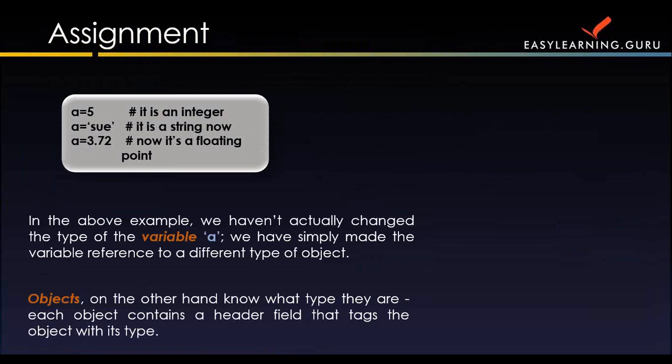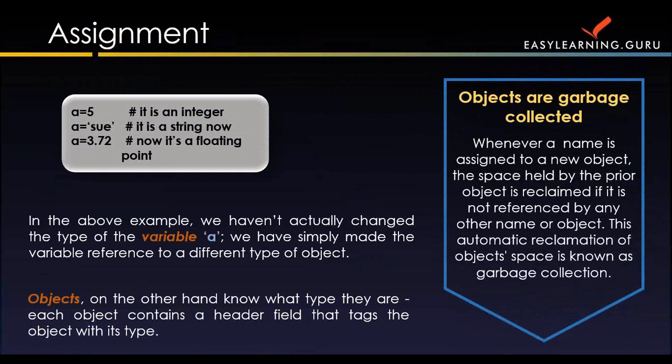To understand this, let's first see what garbage collection is. Objects are garbage collected, that is, whenever a name is assigned to a new object, the space held by the prior object is reclaimed if it is not referenced by any other name or object. This automatic reclamation of object space is known as garbage collection.